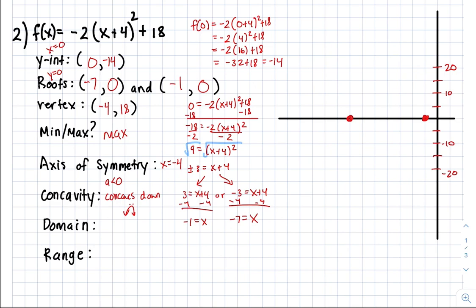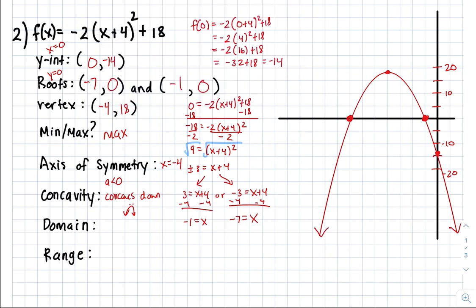So negative 4, comma 18, right around there. The y-intercept was 0, comma negative 14, which is right around there. Looks pretty good.